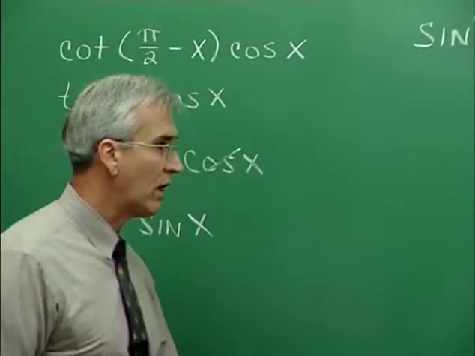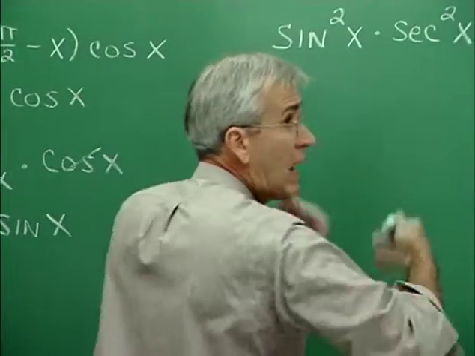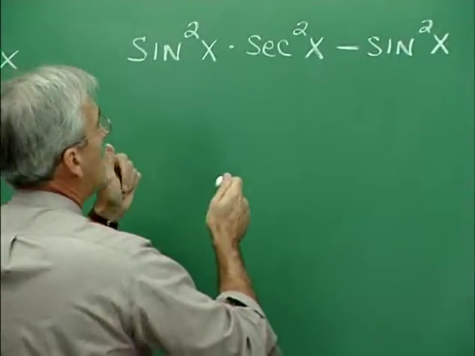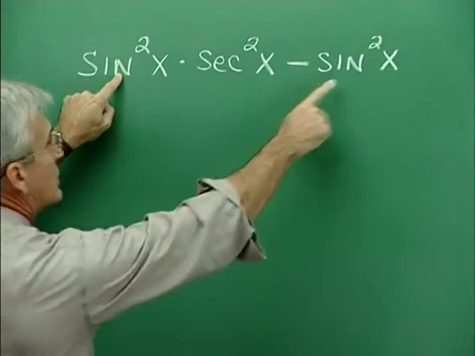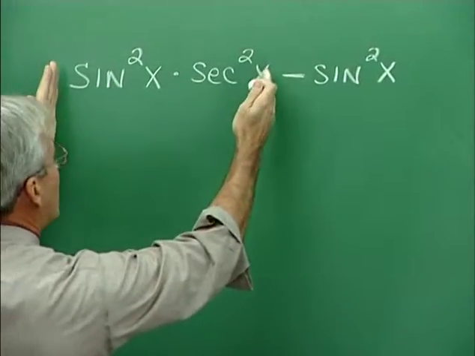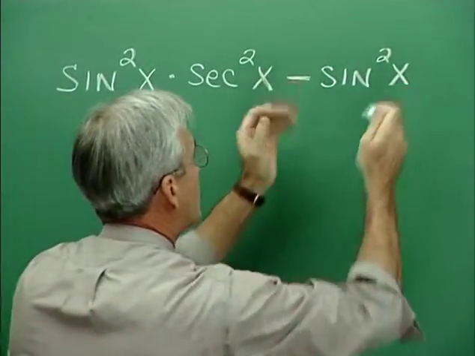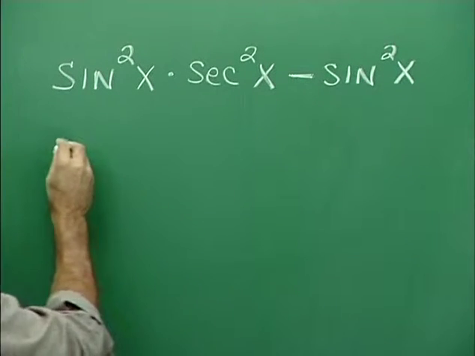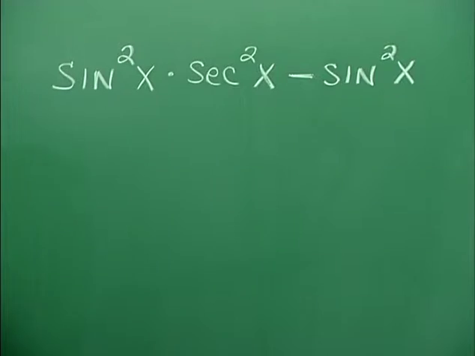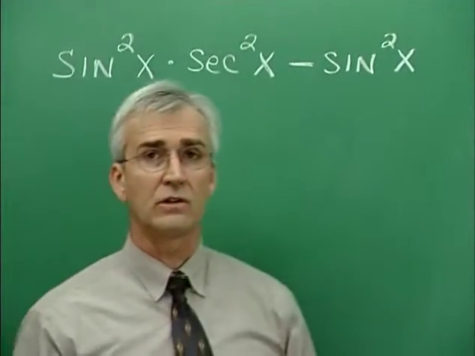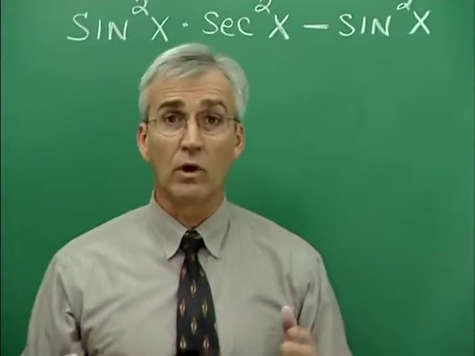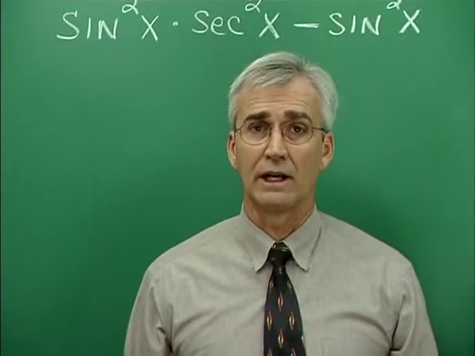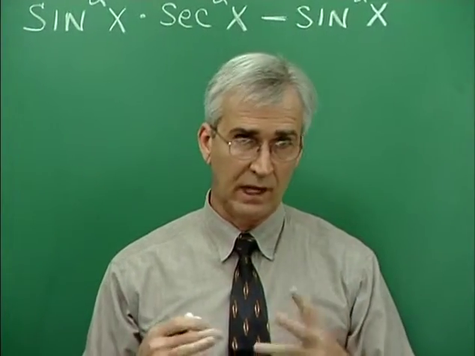Here's a situation where factoring is the opportunity, and I see sine squared x here, I see sine squared x here. This is a single term and that's a separate term, so I can pull sine squared x out of those two terms as a common factor. All right, and that's the technique I want to show here. And by the way, you might see other manipulations in these problems, and we're going to see that an awful lot a little bit later, where we start to manipulate with identities.